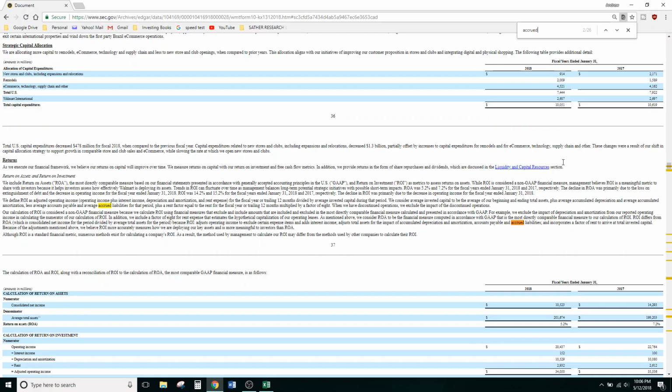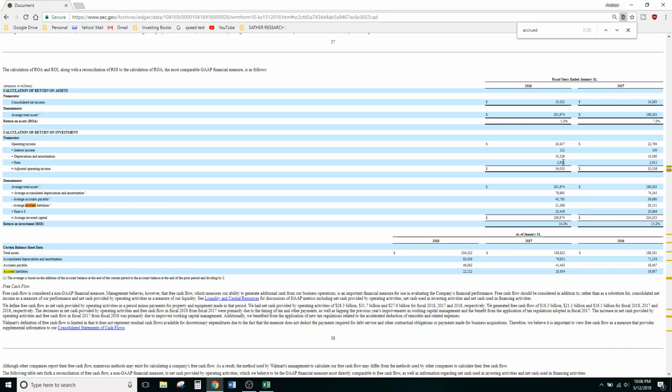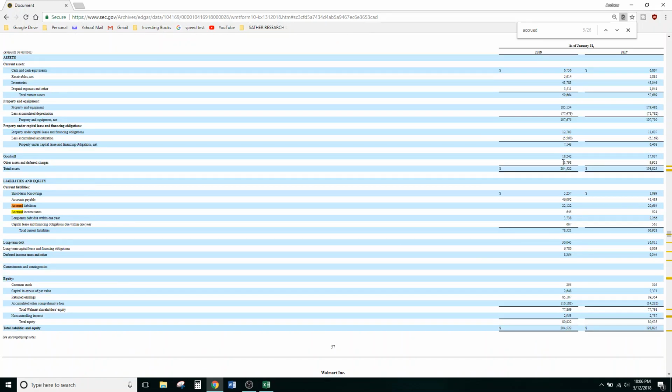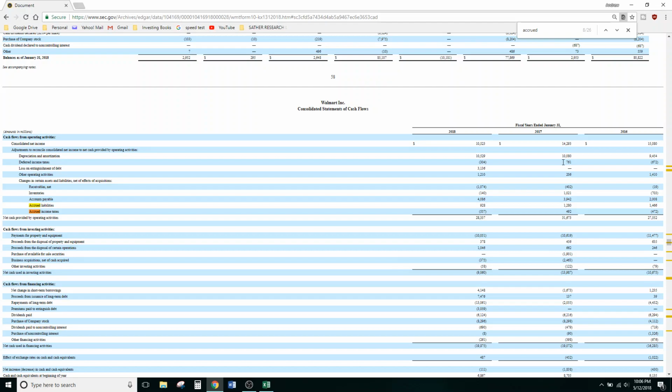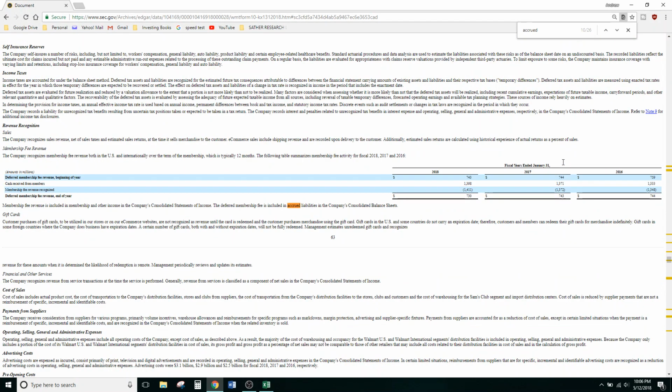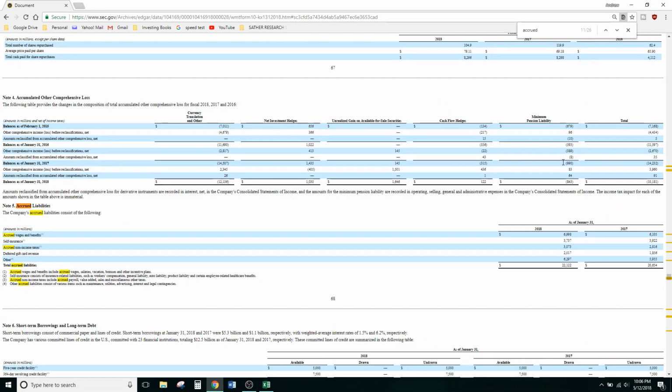There we go. Is I like to search it. What that does is it gives me more explanation on what that means within the 10K annual report. And a lot of times that can help me understand what's going on.